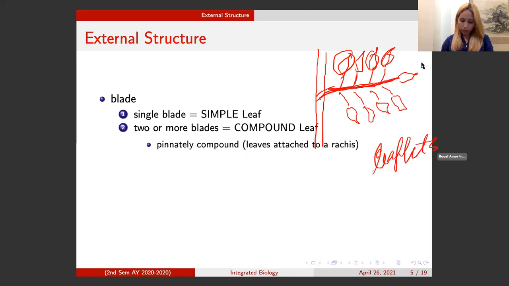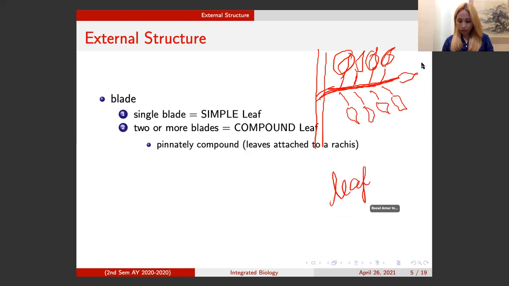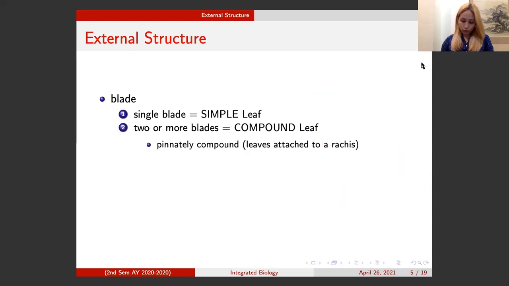Okay? Let's repeat. We call them the leaflets. So those are the leaflets. Now this would be your petiole. Okay? And connecting the leaflets to the petiole will be the rachis. So this is the rachis.